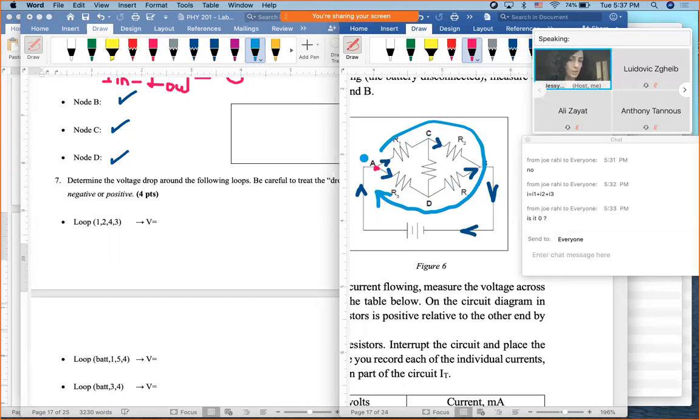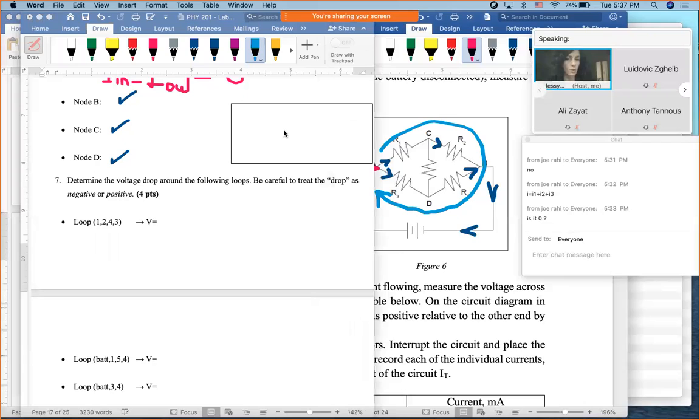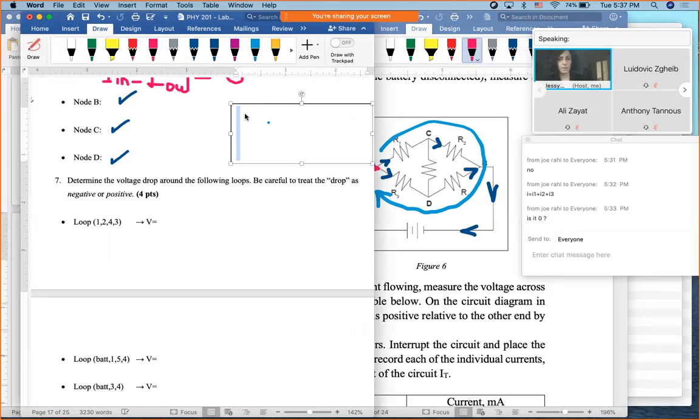So in a resistor, if the loop and the current are in the same direction, we use minus.